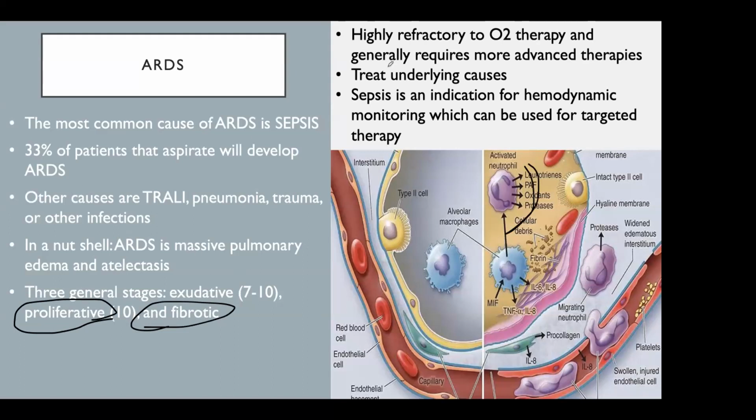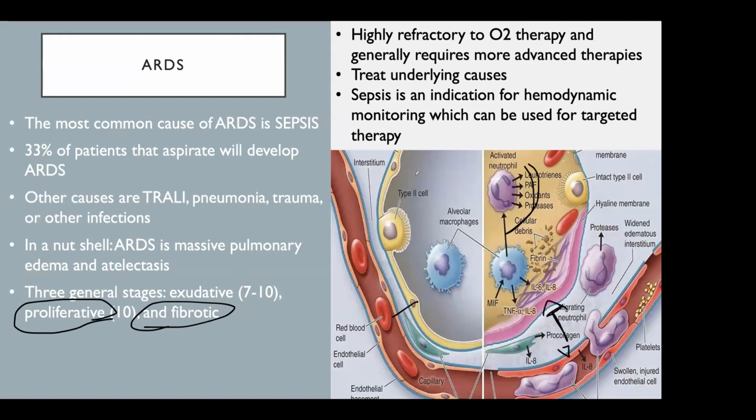So with ARDS, we can definitely tell right through here when we look at our interstitial space, how big that gap is compared to this one. Highly refractory to oxygen therapy, and generally does require more advanced therapies.